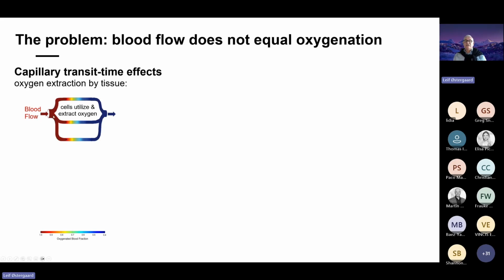So if you imagine capillaries, the smallest blood vessels in the brain, blood flow comes in, runs through the tissue where cells extract the oxygen content, and then it leaves and runs back through the venules to the heart again. So capillaries work fine, as you can see here, but if we increase blood flow through these capillaries, you can see what we call a transit time effect.